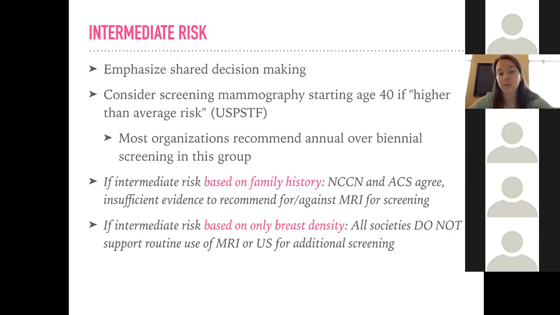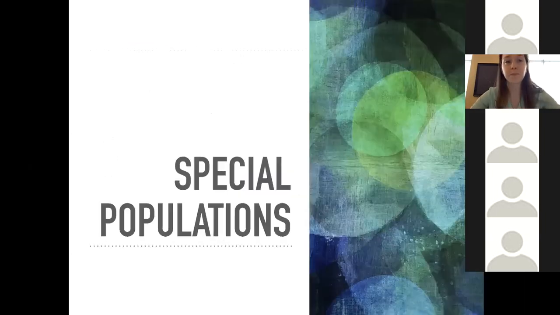It's just that there hasn't been enough evidence to show anything for or against it. So at this time, it's not recommended. If they have intermediate risk based on breast density, then in that case, there has been more conclusion about the fact that they do not support routine use of MRI or ultrasound for additional screening.